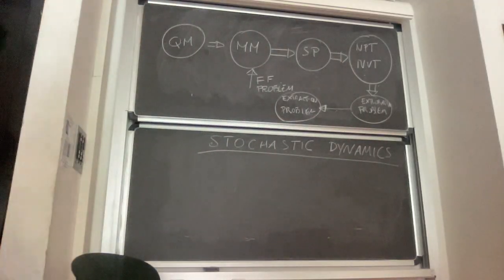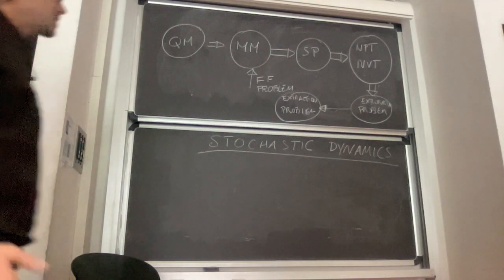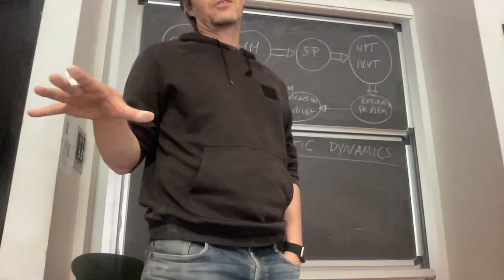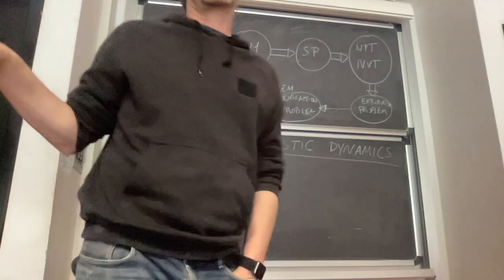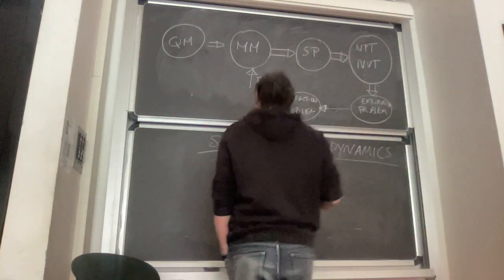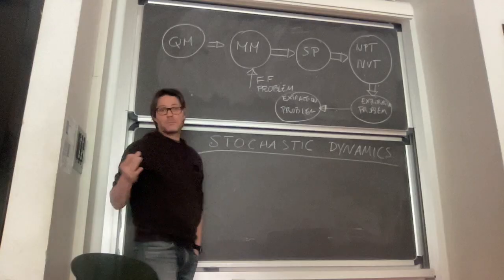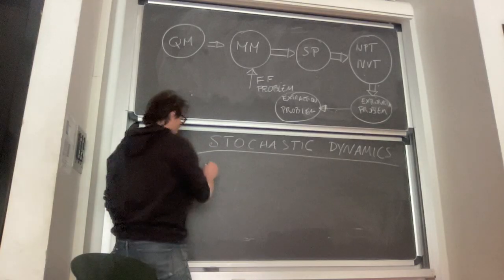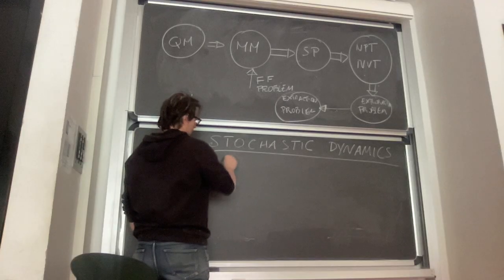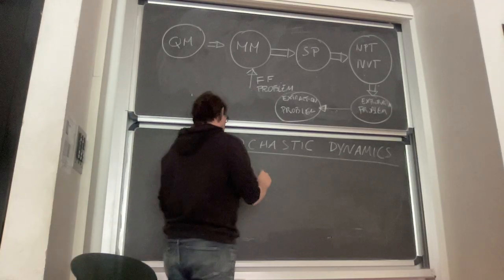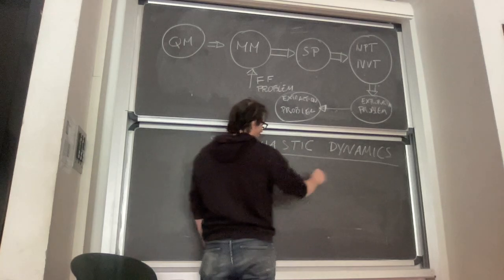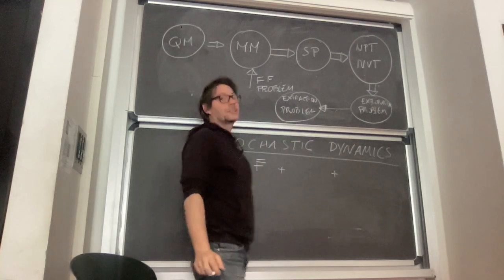What is a stochastic dynamics? A stochastic dynamics is, as far as our course is concerned, you can think about quantum stochastic dynamics, which is something we will not deal with. But classical stochastic dynamics are classical equations of motions, so namely Newton's equations of motion, where you have additional terms.